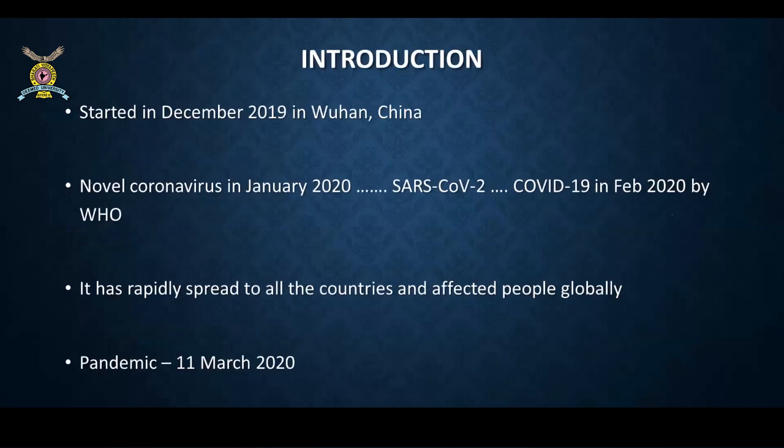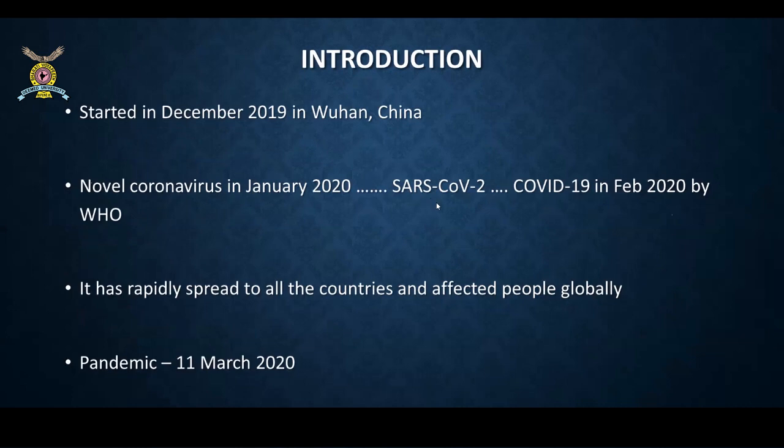So, as we all know, COVID-19 is a contagious disease, and it started as a severe flu-like disease in December 2019 in the Wuhan city of China. Subsequently, it was named a novel coronavirus in January 2020, and it was renamed SARS-CoV-2.